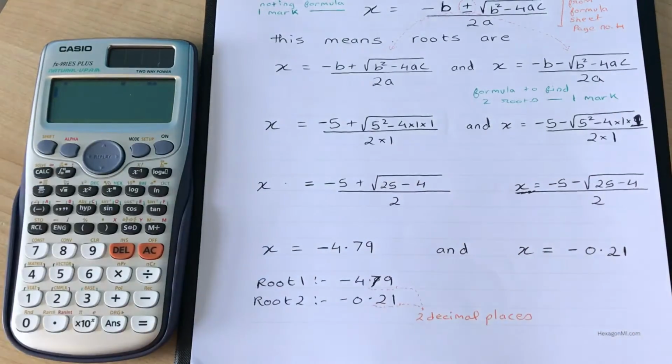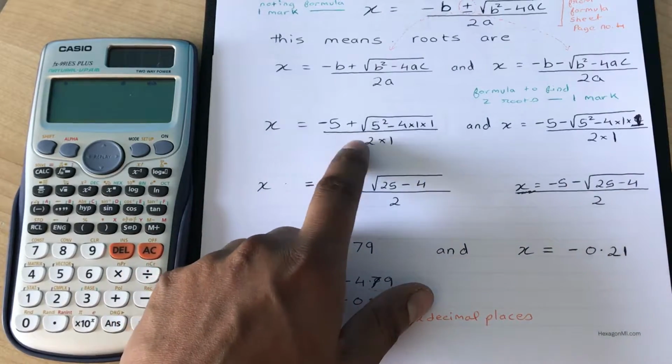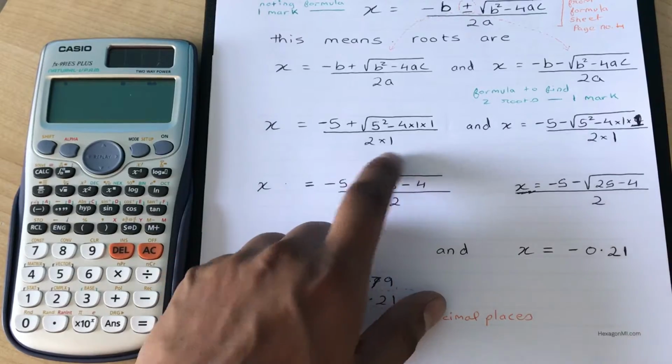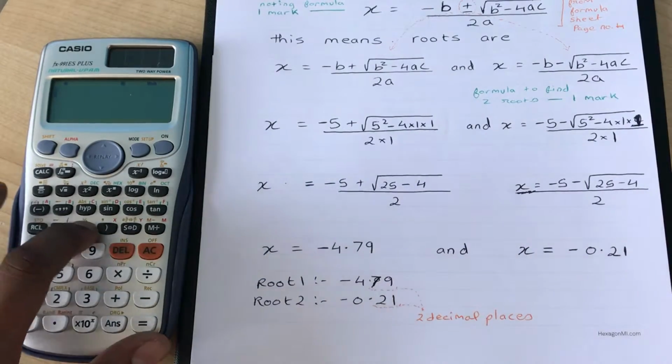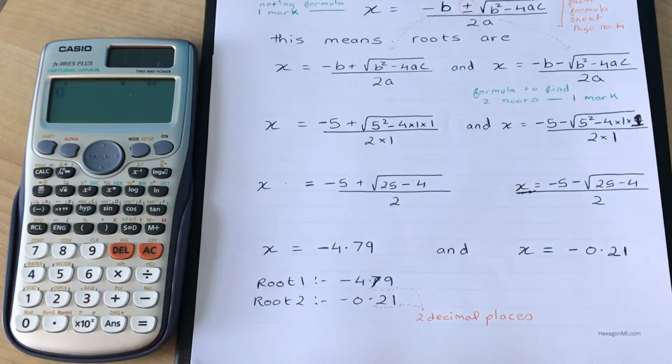I'm going to show you a shortcut method to find both the roots in just one step. I had to write these steps down just to show you what's going on here. So turning the calculator on. Now my equation that I need to type in is minus 5 plus root of 5 square minus 4 times 1 times 1, divided by 2 times 1. Now see how I type it in my calculator. Open a bracket, because I have here a numerator and a denominator. I'm going to type in the numerator part first.